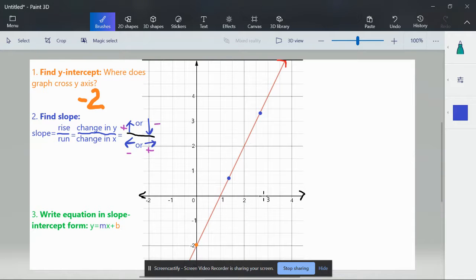And for this one, the x coordinate is 2 point something and the y coordinate is 3 point something. Since these points do not have whole number x and y values, they're going to be really hard to use. So what I usually do is use the y-intercept, especially since it is a whole number. The y-intercept has 0 as its x value and -2 as its y value.